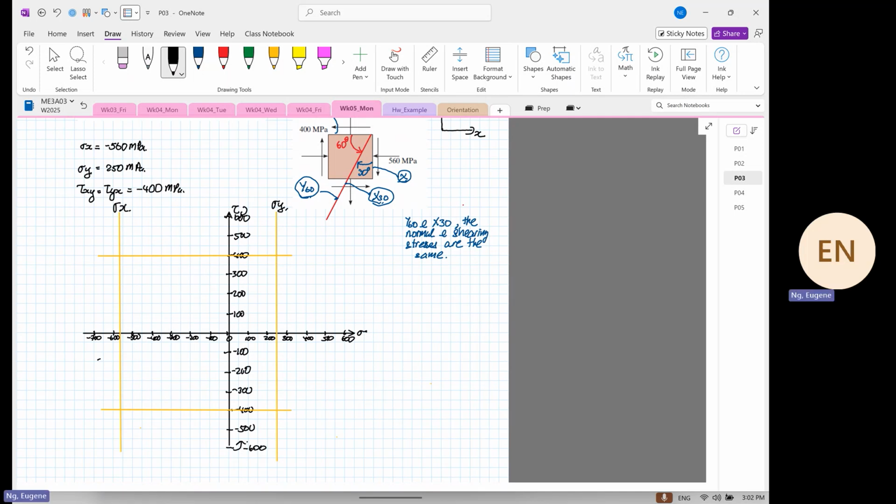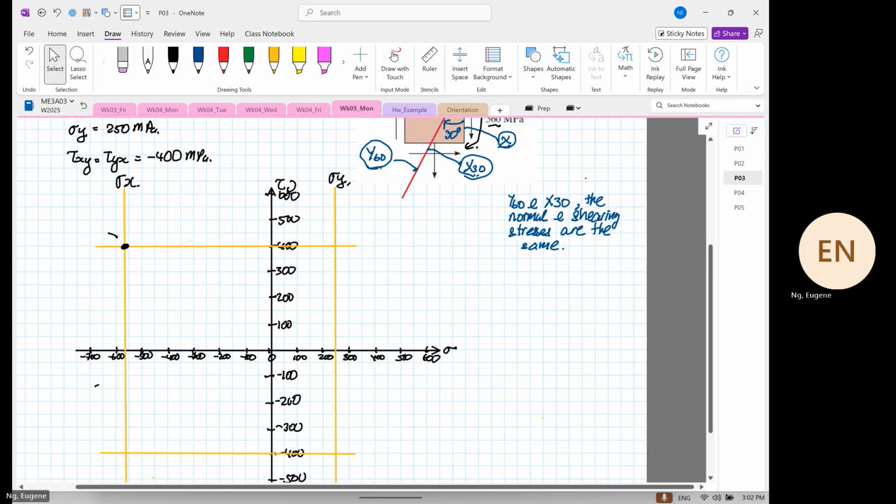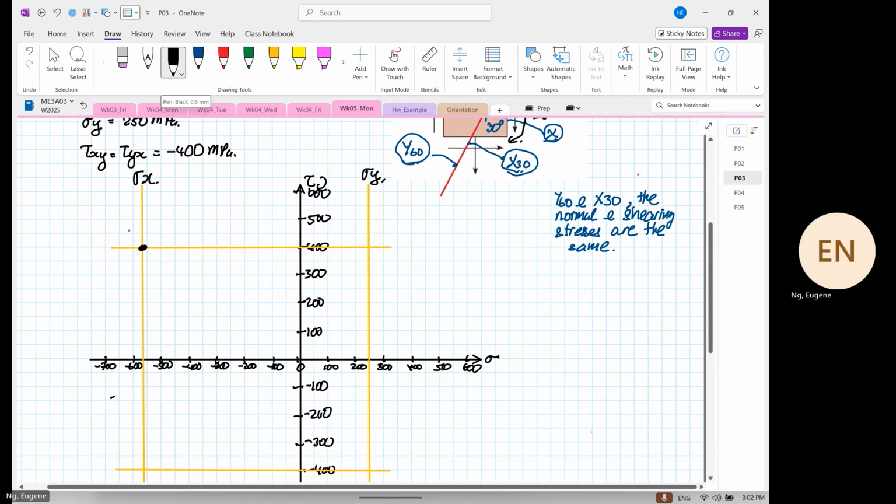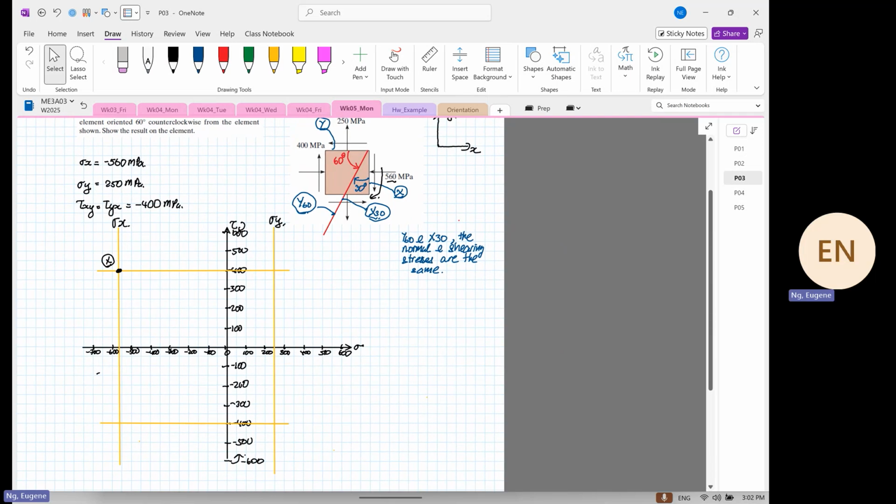At 560, X is going to rotate in what direction? Clockwise direction. And then we know the Y.